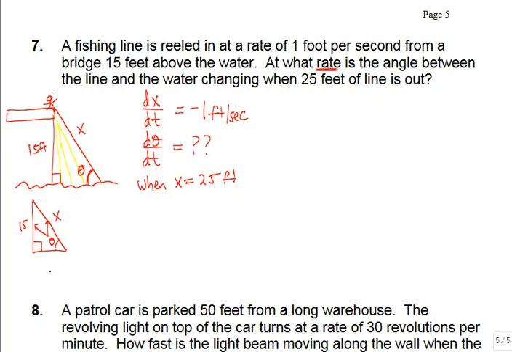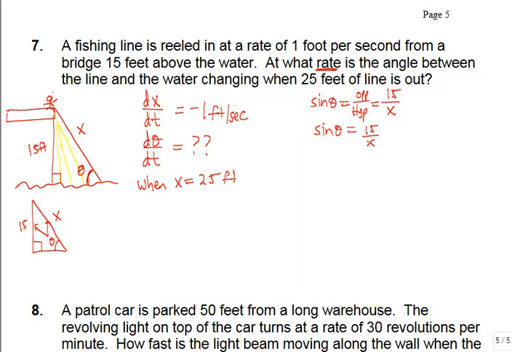So which trigonometric function relates the opposite to the hypotenuse? Well, that's your sine function. Sine of theta is opposite over hypotenuse. So in our diagram, the opposite side was 15, and the hypotenuse would be that x. So the equation that we want to work with is sine of theta equals 15 divided by x.